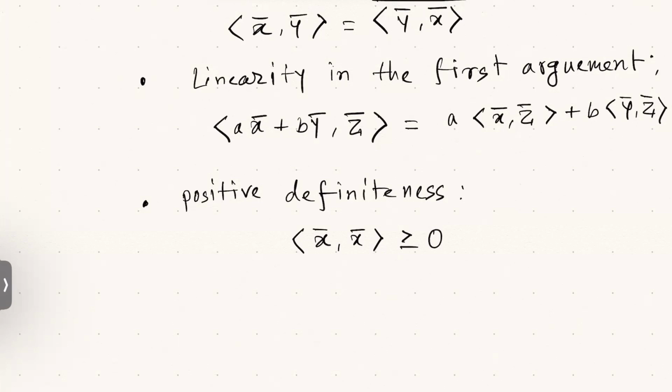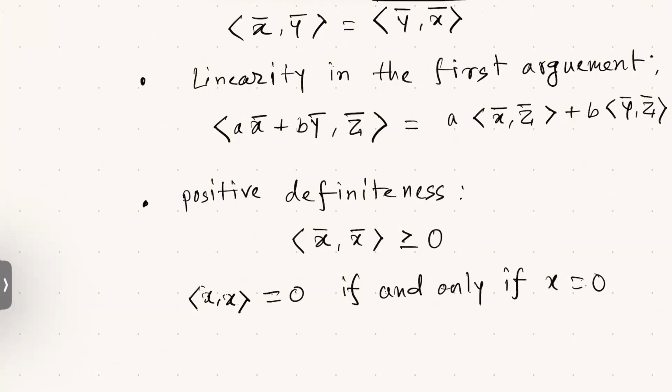And when it is equal to 0, the vector is equal to 0. So the inner product of x with x is equal to 0 if and only if x equal to 0.